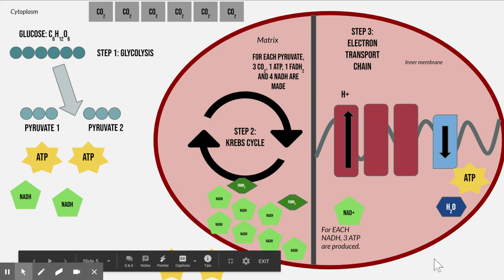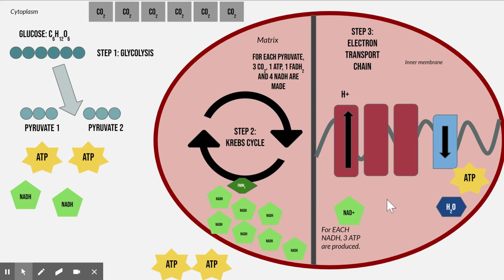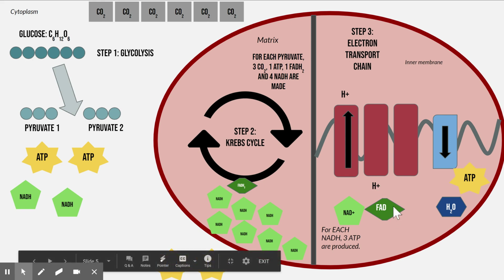Now let's look at what FADH2 does. FADH2 is leaving the matrix and coming over to the inner membrane to begin the electron transport chain. It does the same thing as what NADH did. It gives up a hydrogen, or in this case, 2 hydrogens. That hydrogen has been separated from the molecule.